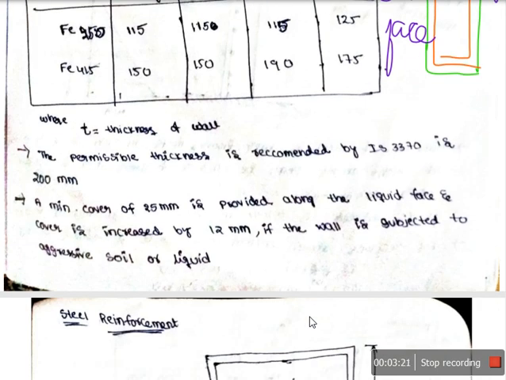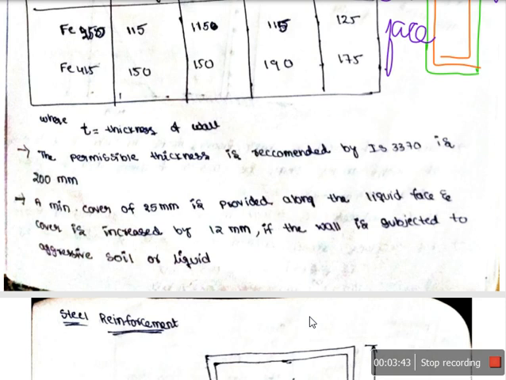The minimum thickness recommended by IS 3370 itself is 200 mm. You cannot give a thickness of wall less than 200 mm, and the minimum cover on the liquid phase is always increased by 12 mm normally.